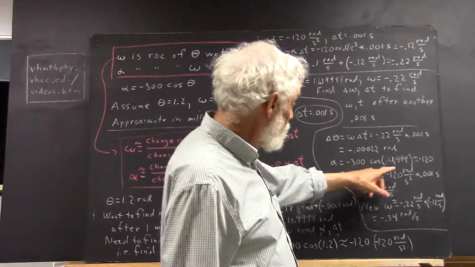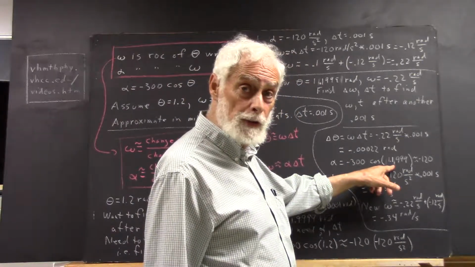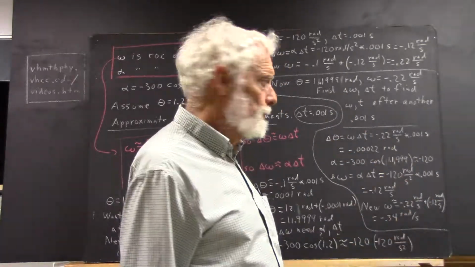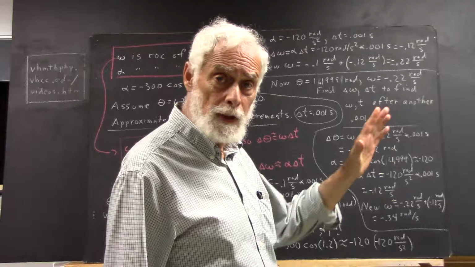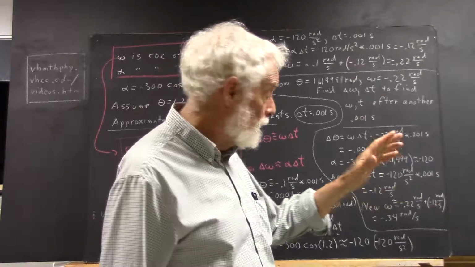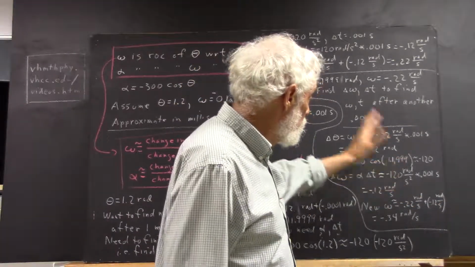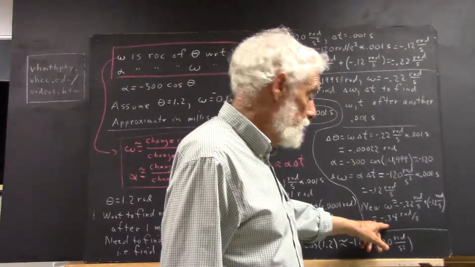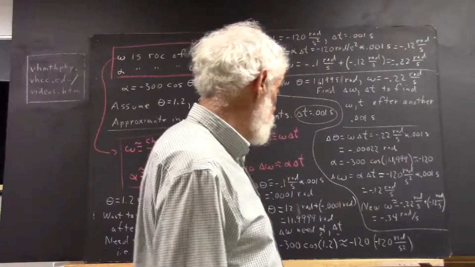Which means that eventually this angle is going to start changing more significantly, and after enough steps, I think between 150 and 200 steps, this angle theta will have decreased to 0, and the speed will have increased very significantly.